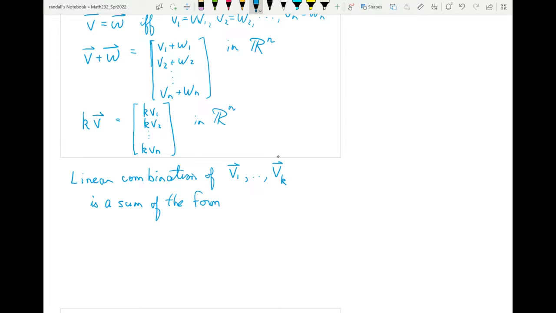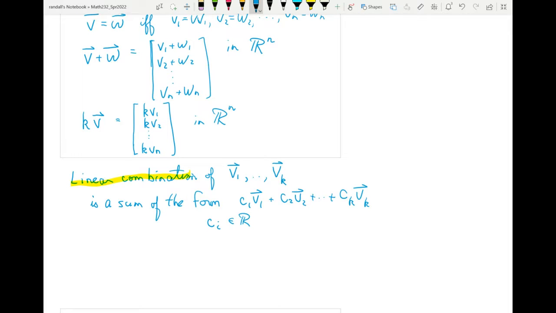So it's a sum of the form c1 v1 plus c2 v2 all the way up to the kth one, ck vk, where the ci's are scalars. So these are real numbers. That's a linear combination of k vectors in Rn. k can be any number here, any integer.